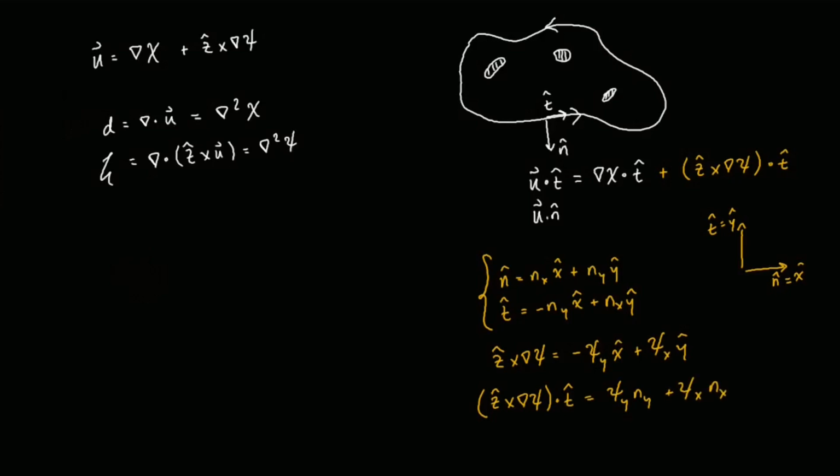Okay. This is just grad psi dotted with n hat. That's all that is. So I can replace that. Just makes it a little bit easier to work with, in my opinion.